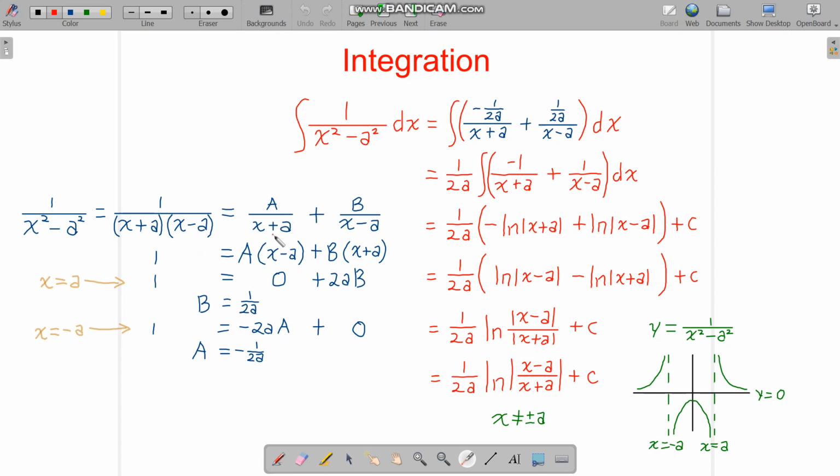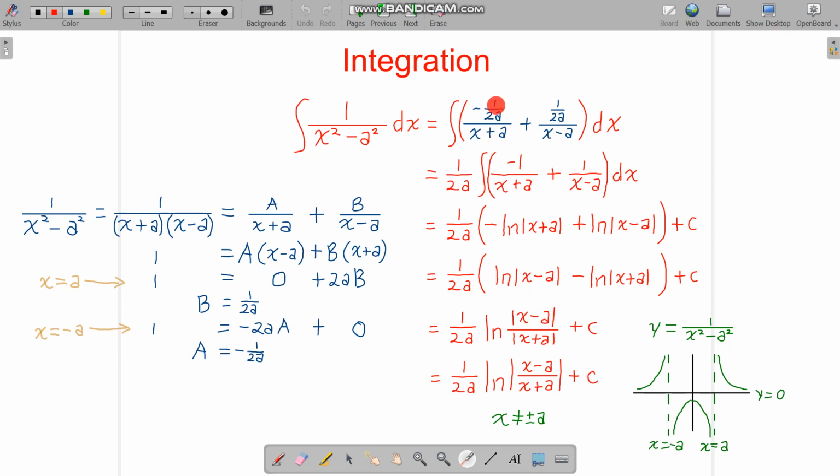then we can use the distinct linear, it's gotta be in this form. We multiply both sides, we get this, and we plug in x equals a, x equals minus a, we get the b value, the a value. So this is what we get in partial fractions.